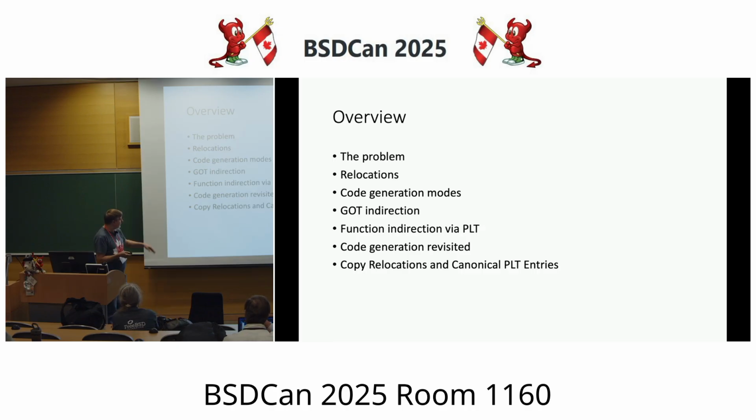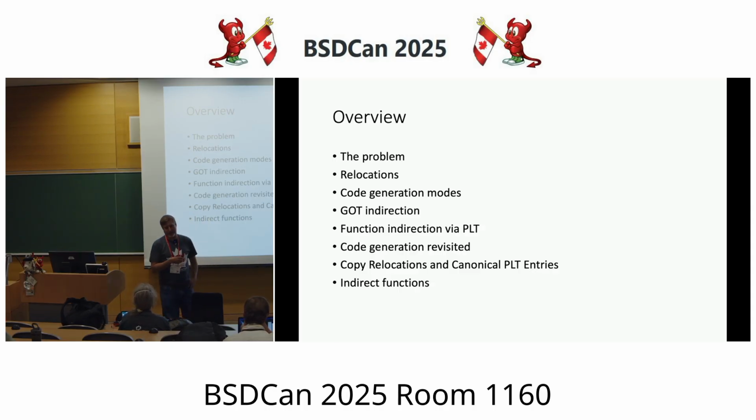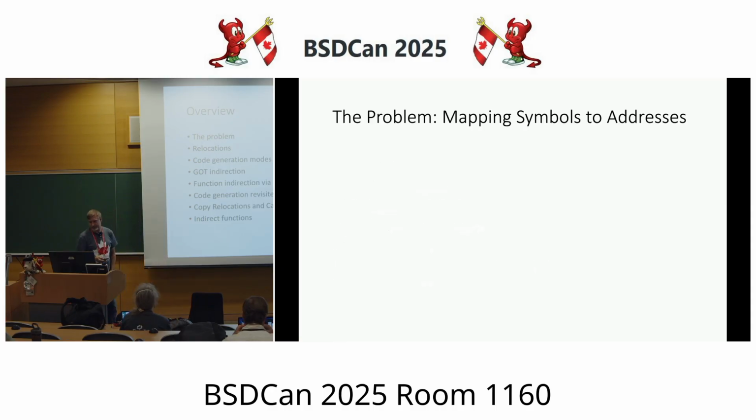And time permitting, we'll talk about more esoteric topics, things called copy relocations and canonical PLT entries. I also have a slide on indirect functions, but I think that's slide like 45, so I'm just going to see how far we get. I have a timer to stop me with 5 minutes left. I'll post the slides, and hopefully they're readable for the things that I don't make it to.